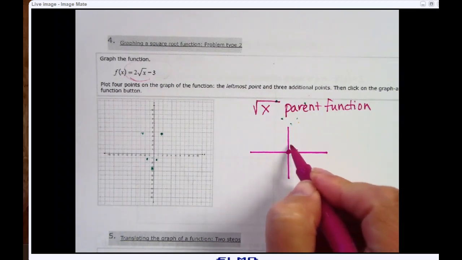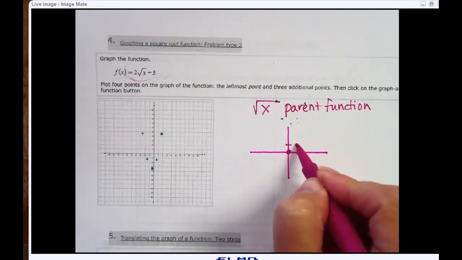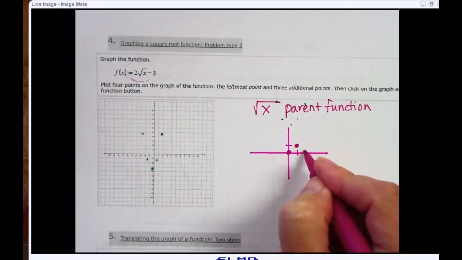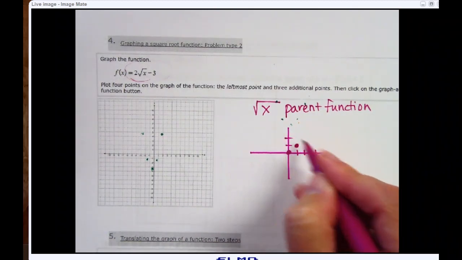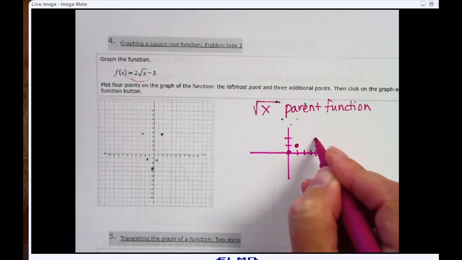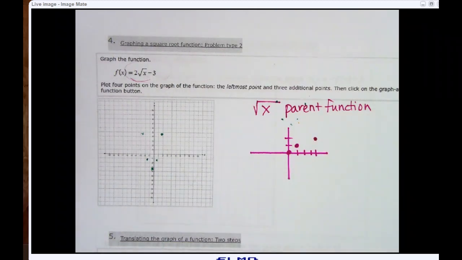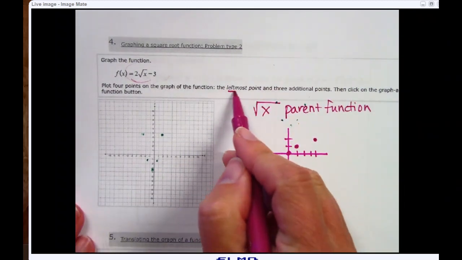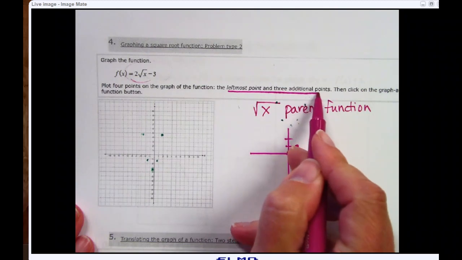What's the square root of 1? 1. What's the next number that we can take a nice, pretty square root of? What's the square root of 4? So over 4 up 2. How many points does it want? The leftmost point and 3 additional.